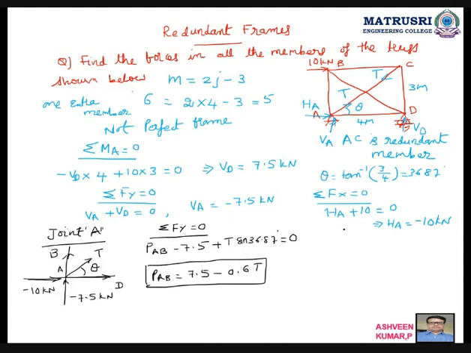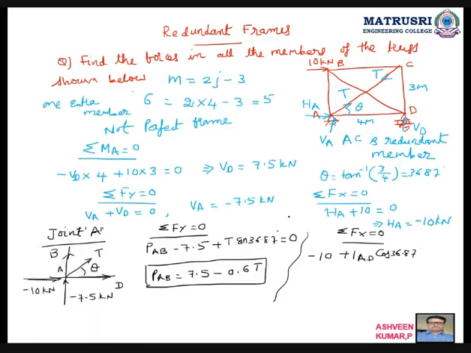Then I'll go for sigma F of x is equal to 0. Sigma F of x is equal to 0: minus 10, right side, plus P of AD cos 36.87, right side. Right side is positive.